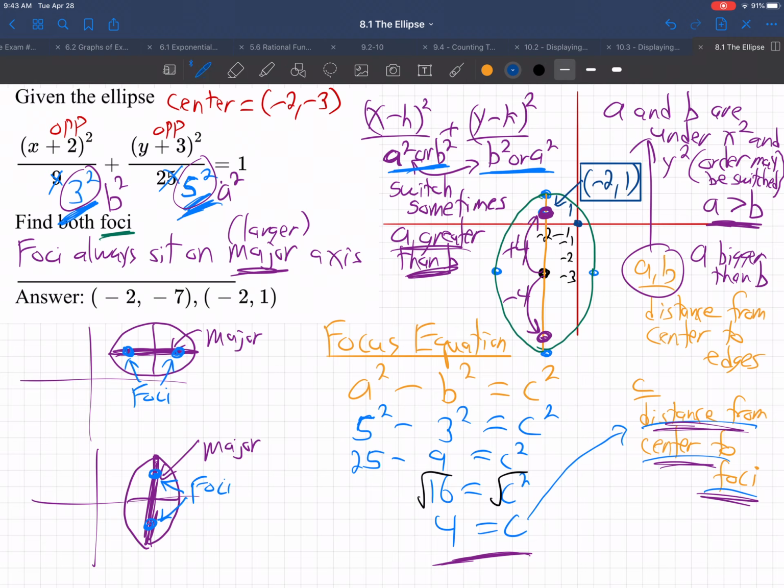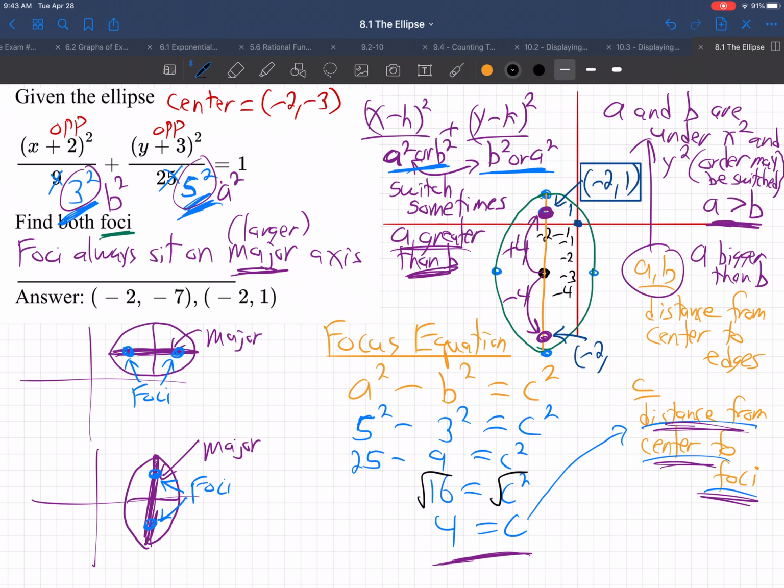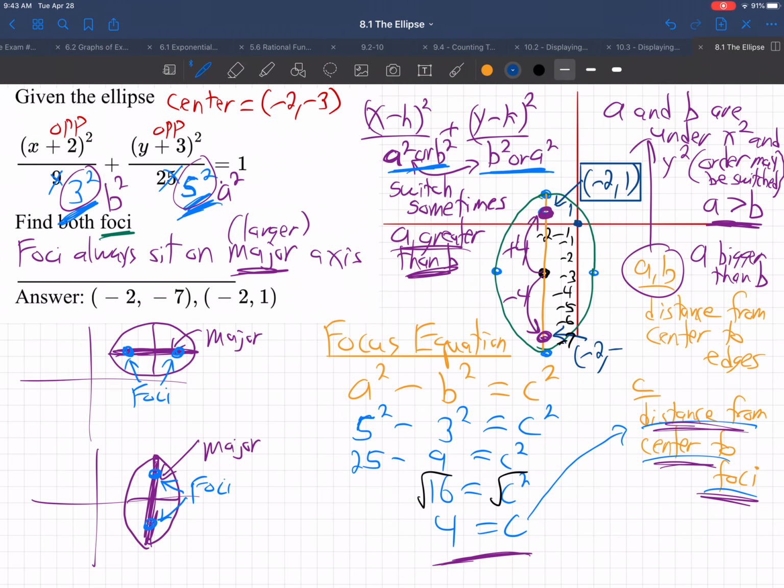And the other one, this one, looks like it's also back 2, but this one's down quite a bit. Down 4, down 5, down 6, down 7. So back 2, down 7, it looks like.